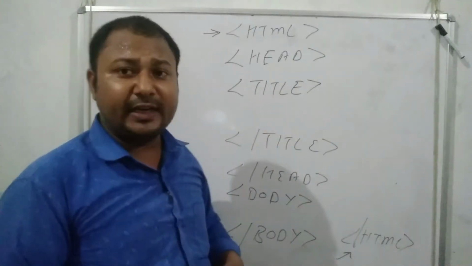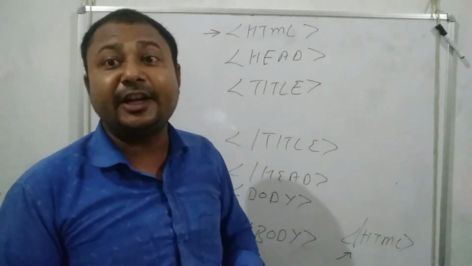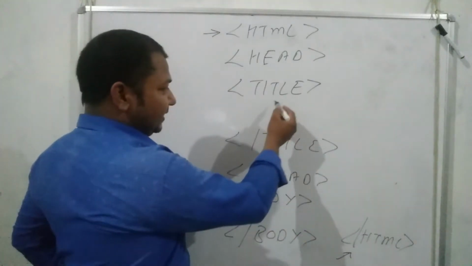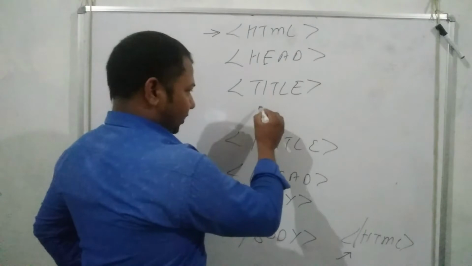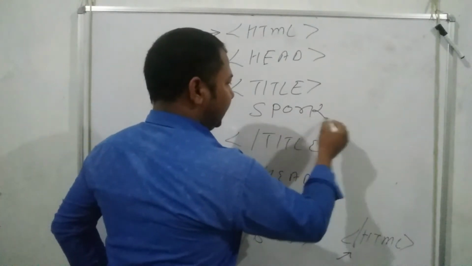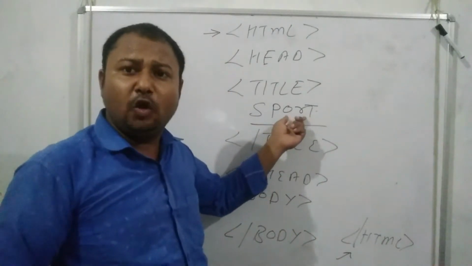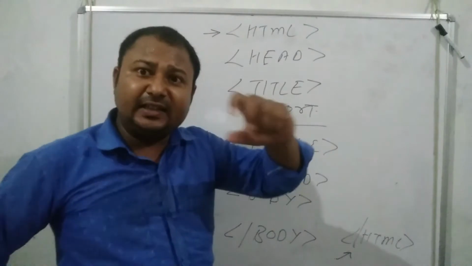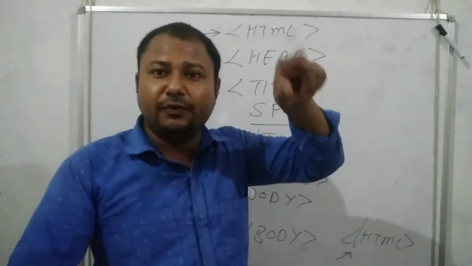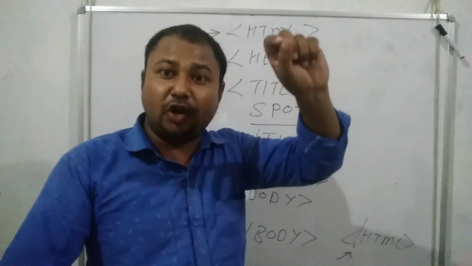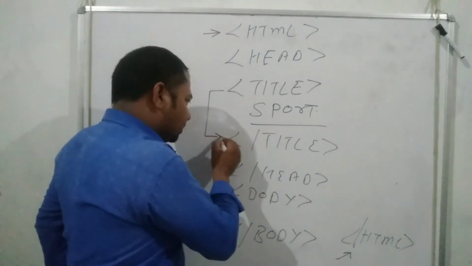So in this title tag we have to write sport. This sport name will show at the top of the page in the browser, and after that the title will close.